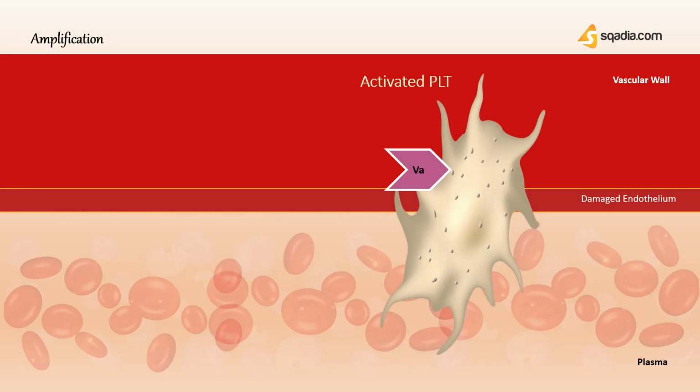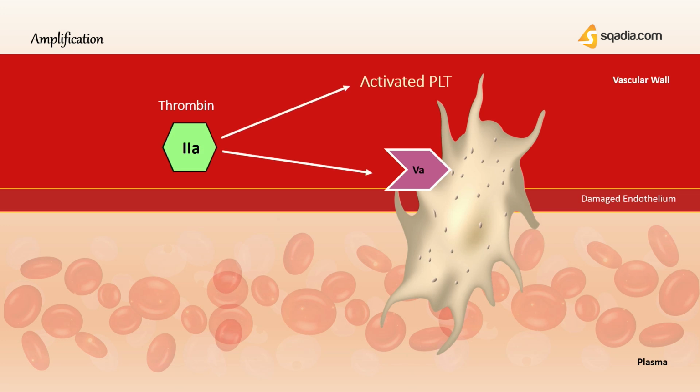But imagine if we combine the powers of platelets, which are thousands in number, we will be able to amplify this signal tenfold, no, even thousandfold. So the amplification takes place on the surface of the activated platelets. The small amount of thrombin that was produced by the endothelial cells activates nearby platelets and also the factor 5 on the surface.